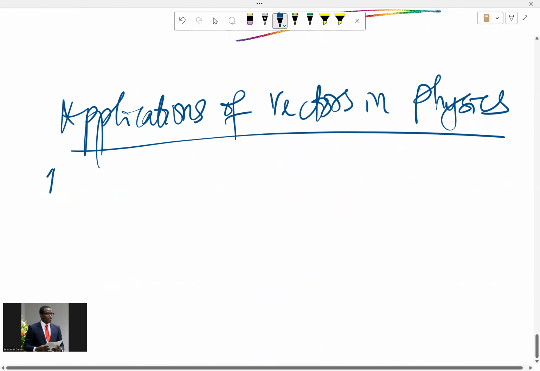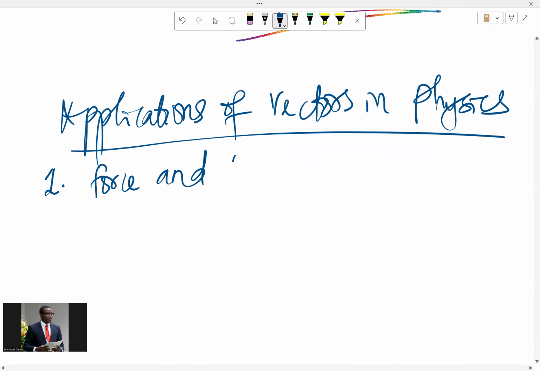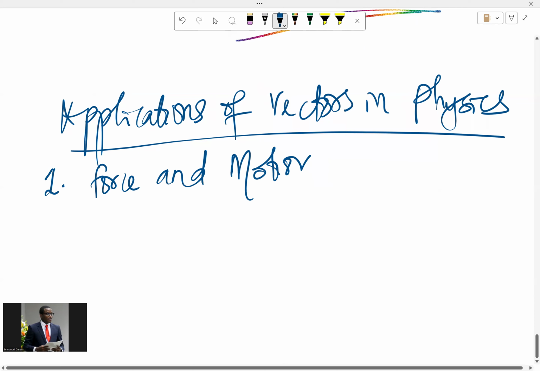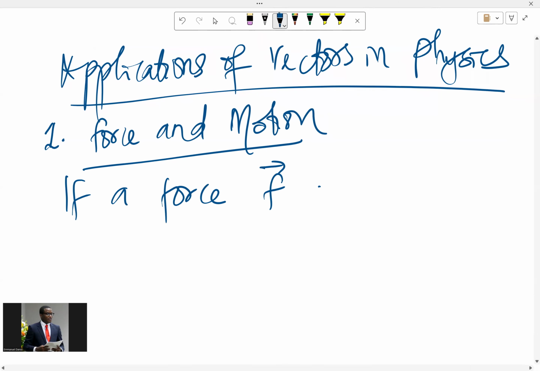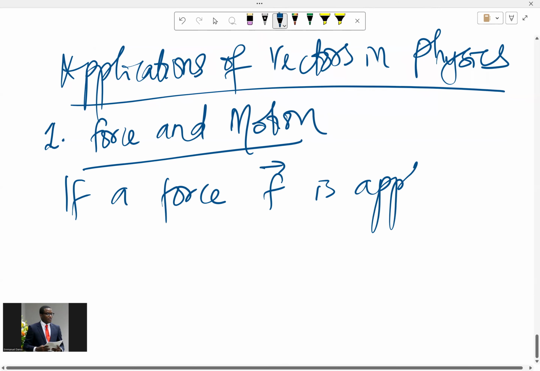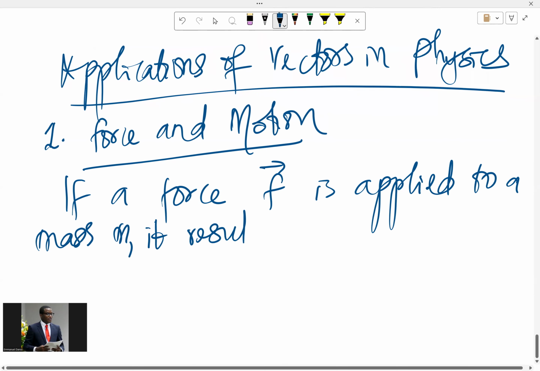Let's say the first application will be about force and motion. If a force F is applied to a mass M, it results in an acceleration.